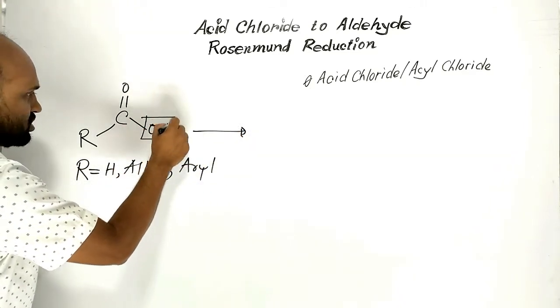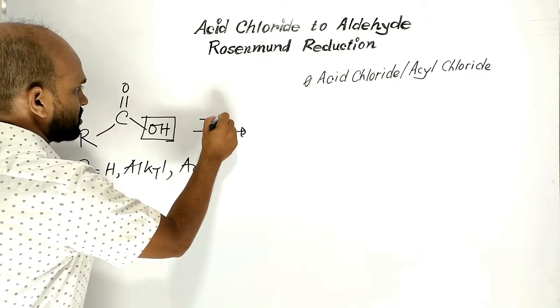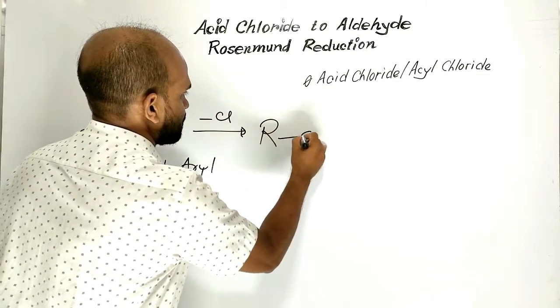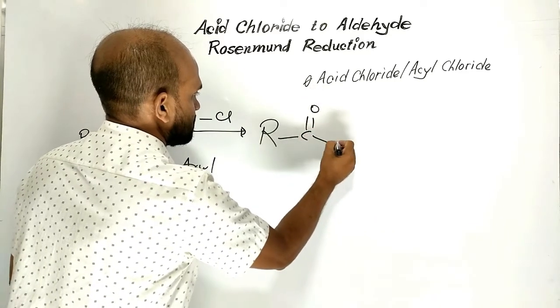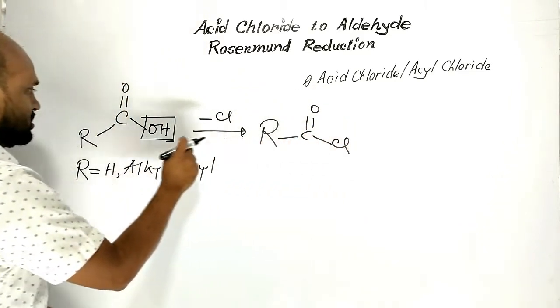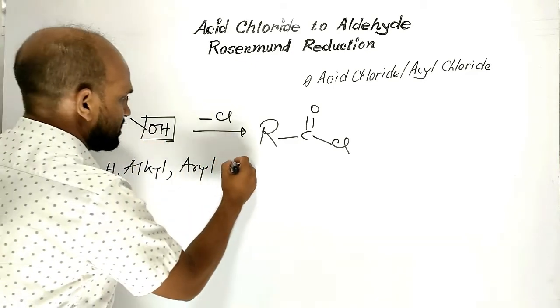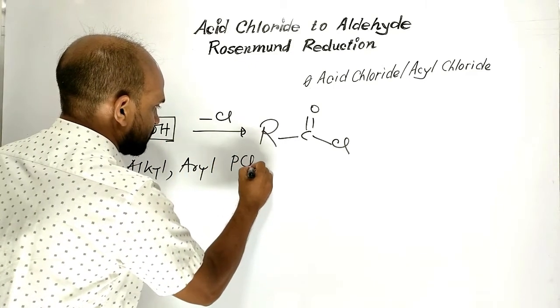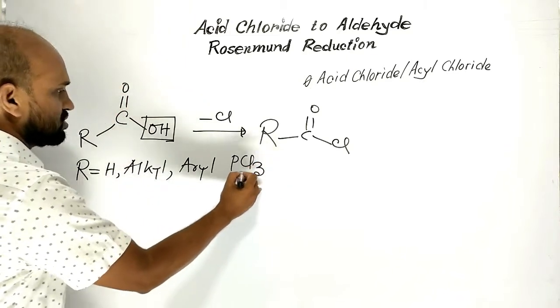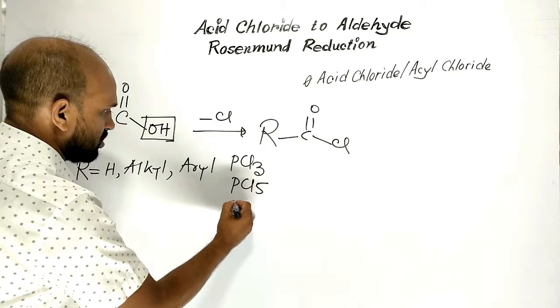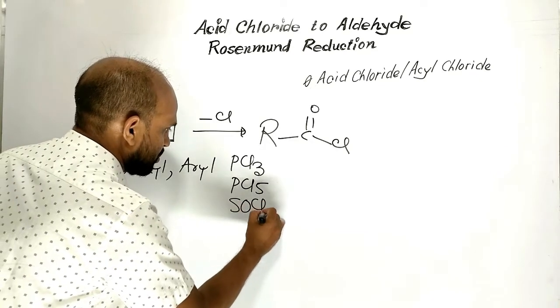When this hydroxyl group is replaced by chlorine, then this is obtained, and this replacement is carried out by adding phosphorus trichloride or phosphorus pentachloride or even thionyl chloride.